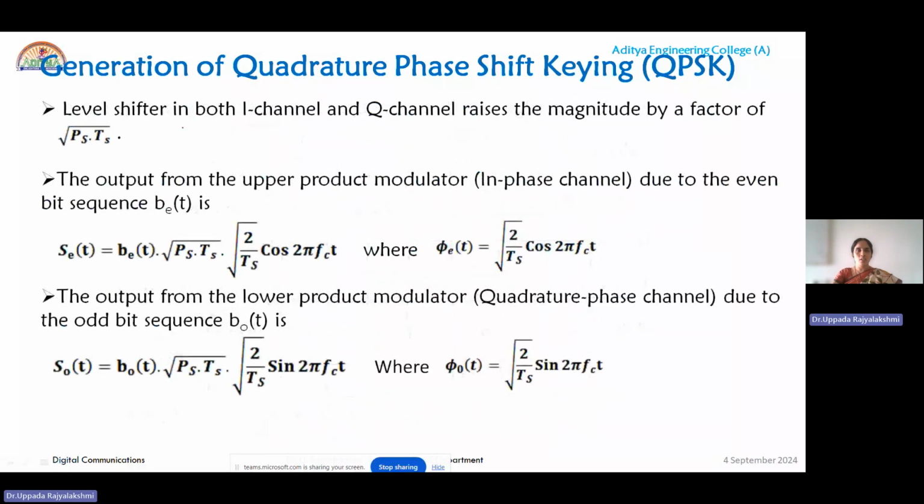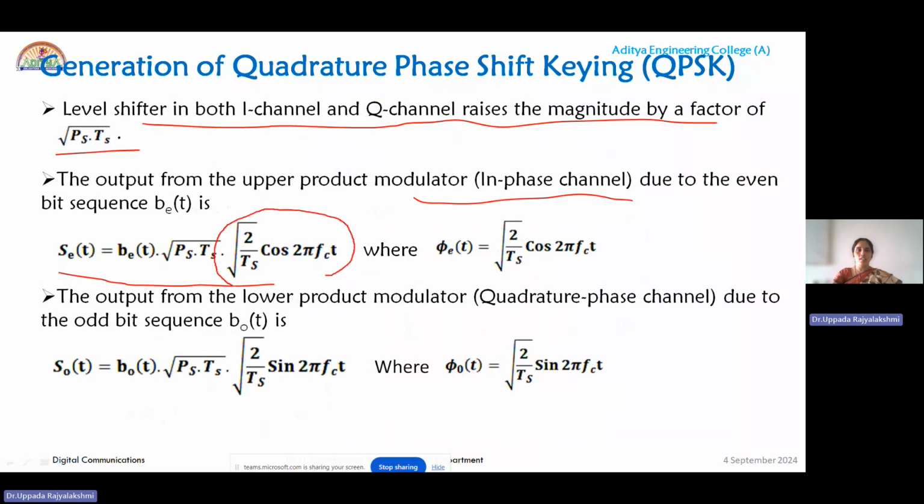So we have seen the generation block diagram. In the level shifter for the I channel and Q channel, we have seen the magnitude raised by root Ps Ts. So we can express s_e(t) as b_e(t), where b_e(t) is the even sequence. What is s_e(t) now? It is the output of the in-phase channel, or I channel: b_e(t) root Ps Ts into root 2 by Ts cos 2 pi fc t.